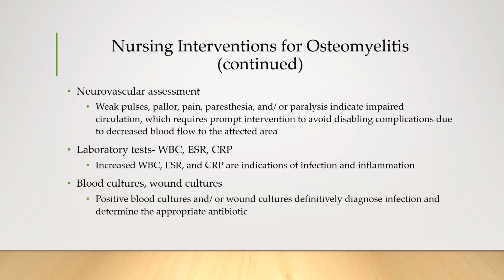Laboratory tests, again, the WBC, the ESR, the CRP. An increased WBC, ESR, and CRP are indicators of infection and inflammation. Blood cultures, wound cultures: positive blood cultures and/or wound cultures definitively diagnose infection and determine the appropriate antibiotic.